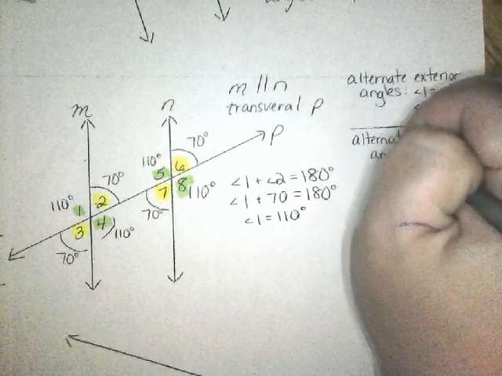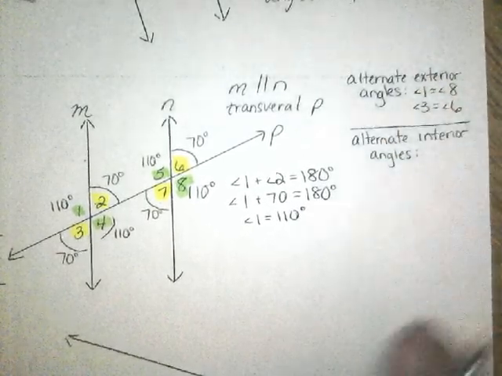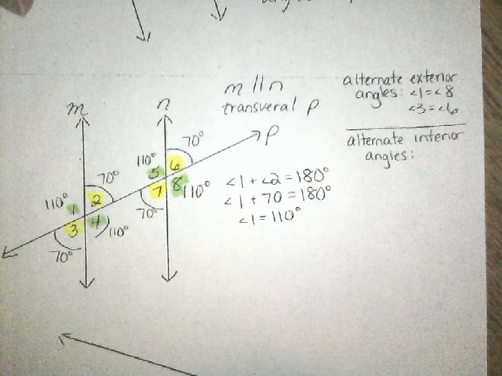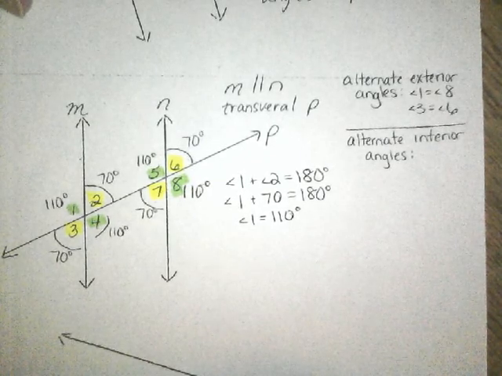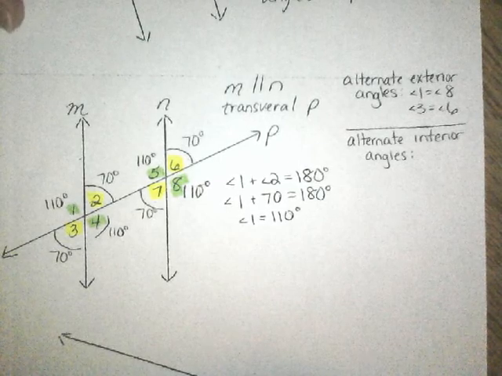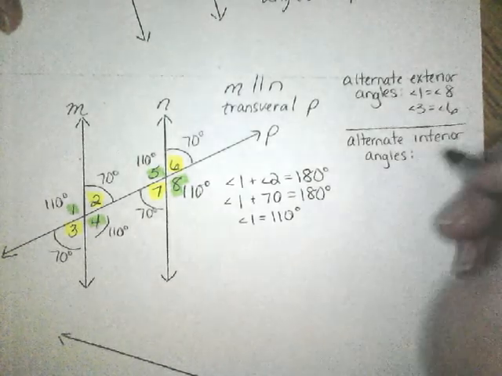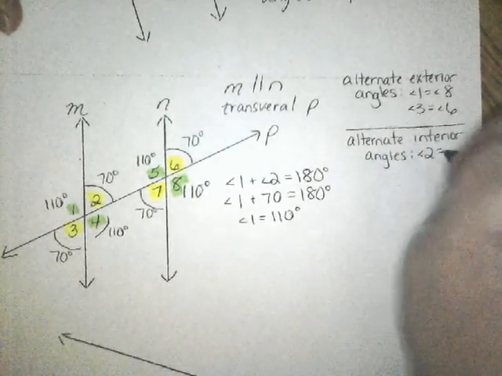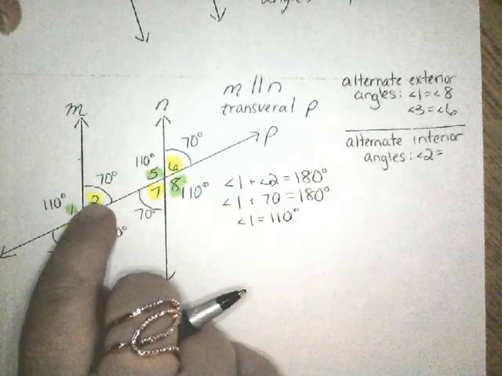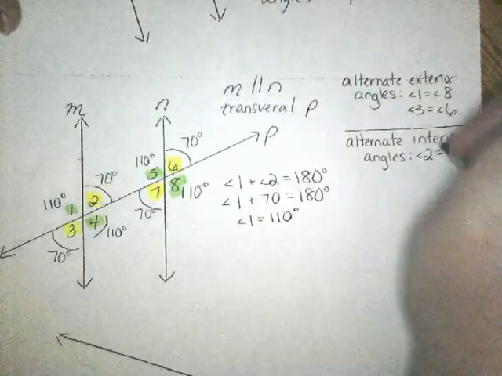So I'm going to look at angle 1, and please highlight it, pick one of your colors. Angle 1. Let's describe angle 1. It is to the what of the transversal? Left of the transversal. And is it interior or exterior? Exterior.